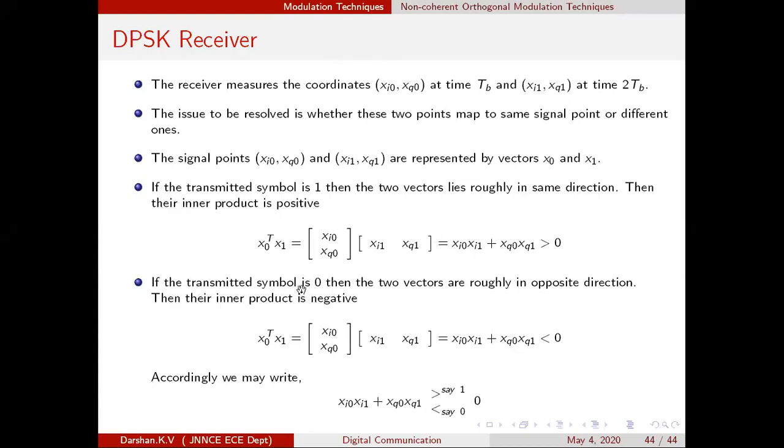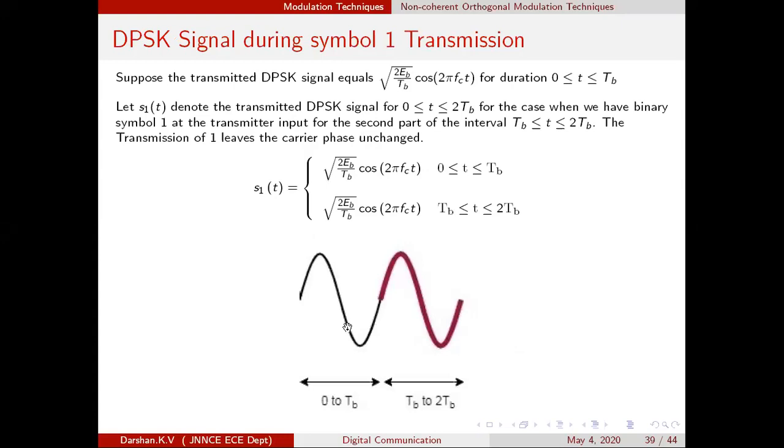Initially the receiver received this signal and found out its in phase and quadrature phase components. Then during the next time, the receiver received this signal, the one written in the dark color. Now it will check the in phase and the quadrature phase components.